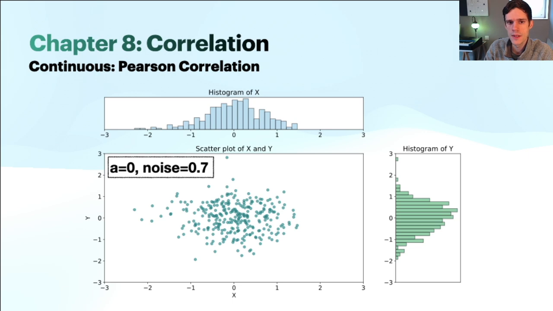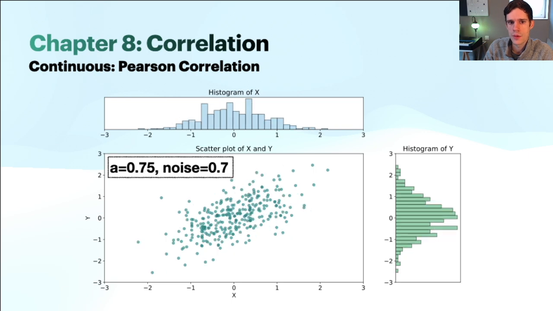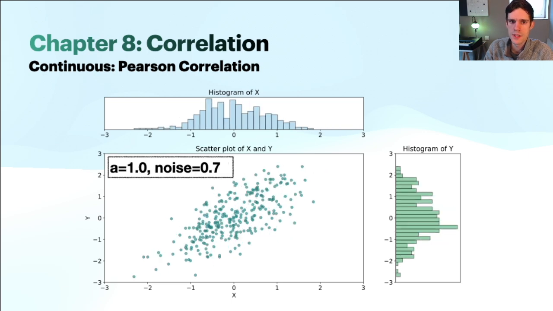Now if we increase A, then we see that this blob of scattered points will more or less get a direction. This direction means that there is a correlation between X and Y. What exactly does this mean in this case? We see that if X here on the horizontal axis is very low, for instance around -2, then the corresponding Y will also be quite low, also around -2.